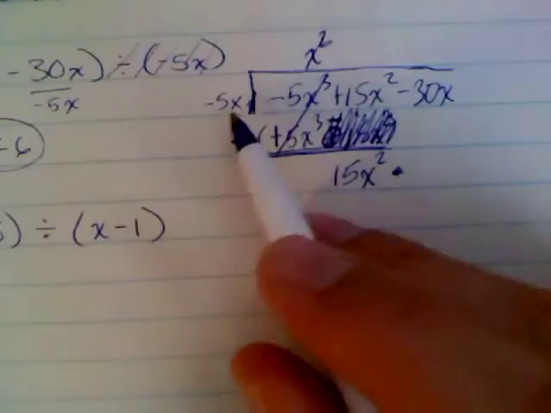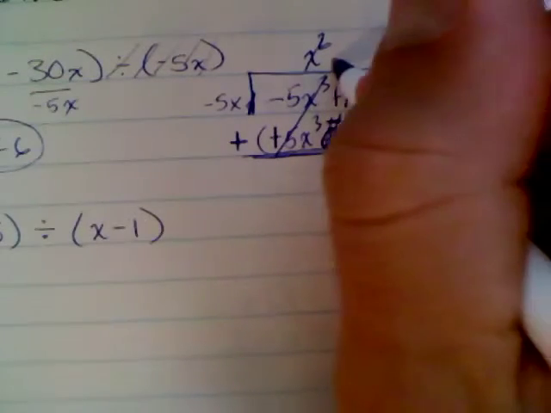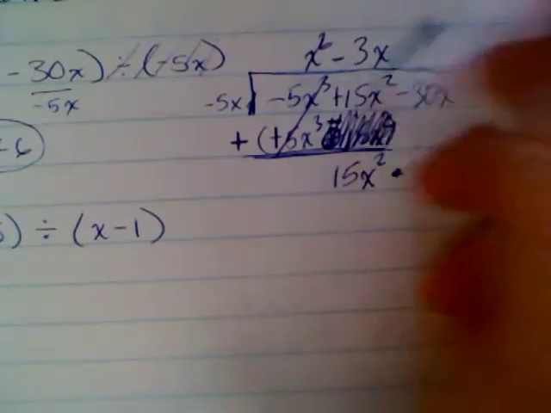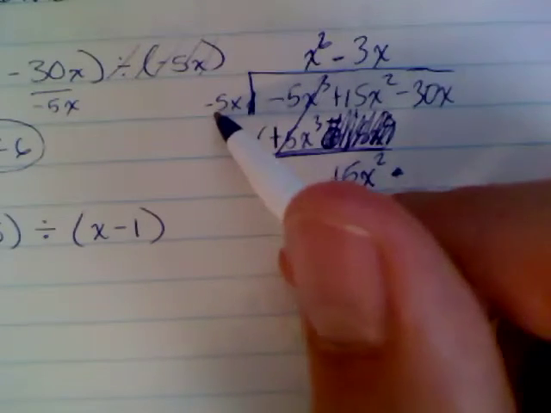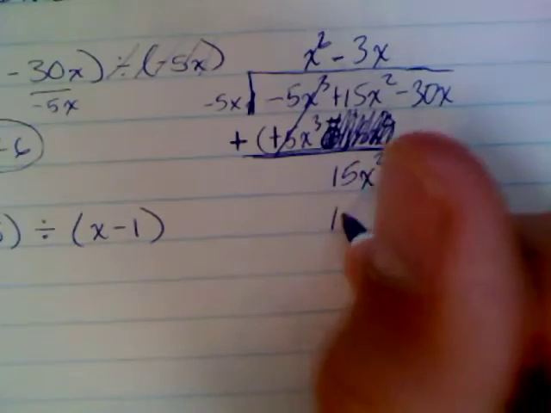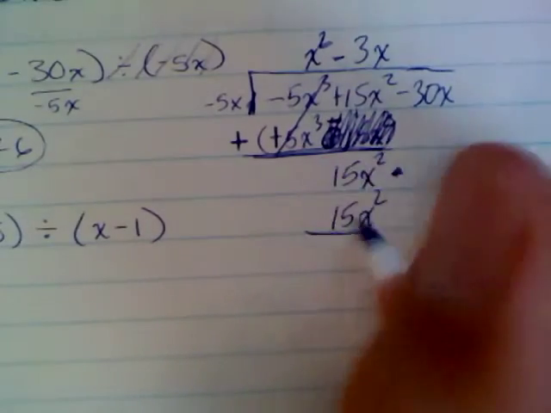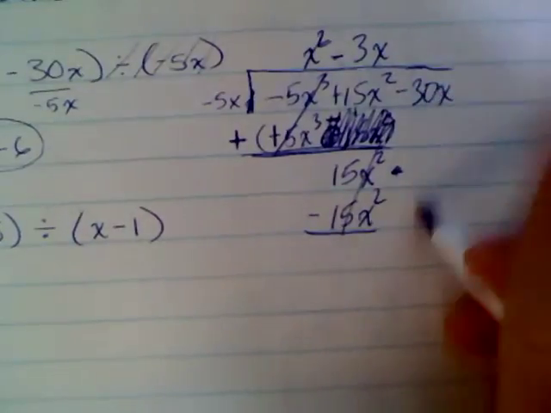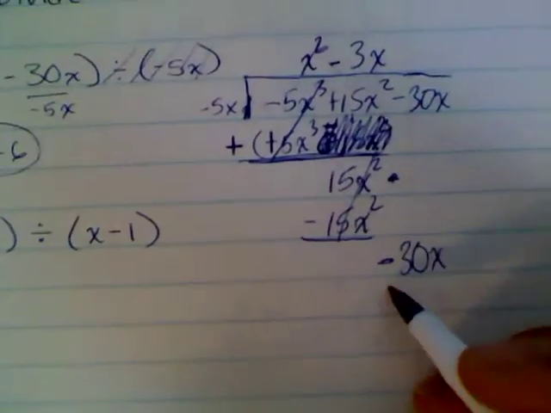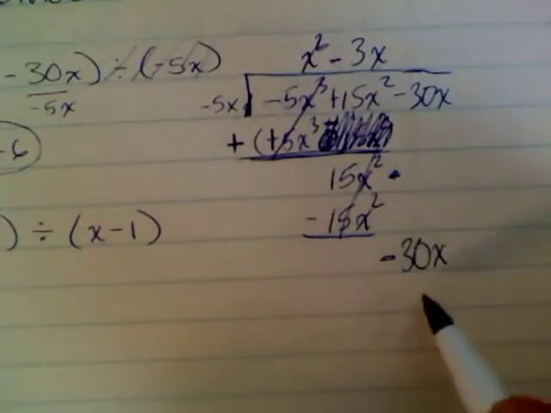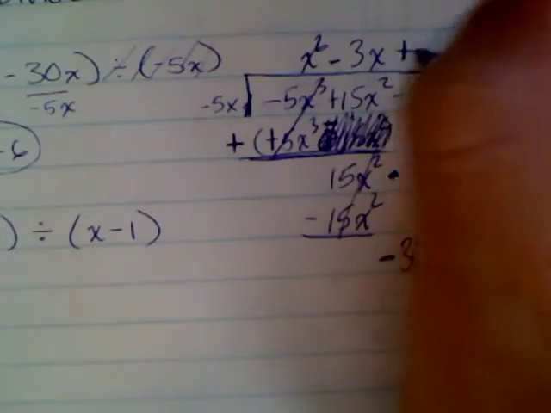So now, negative 5x goes into 15x squared. Well, that's negative 3x times. So you take this negative 3, multiply it by the outside, that's positive 15x squared. And then you underline and subtract, those cancel, then you drop the negative 30x. So take negative 5, goes into negative 30, positive 6 times.